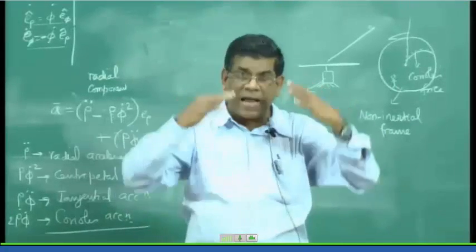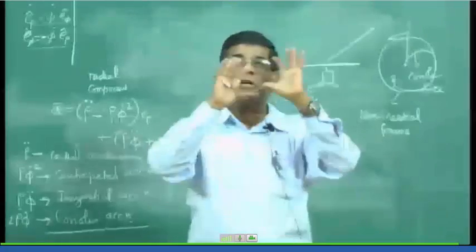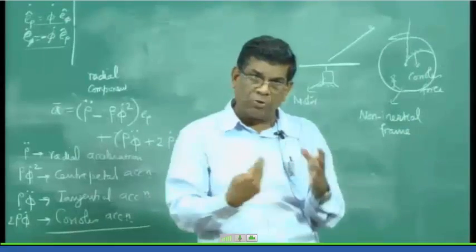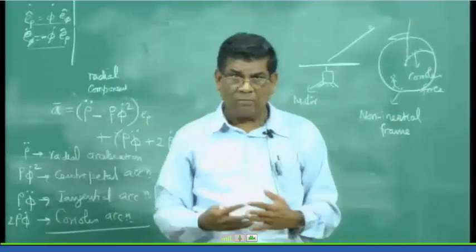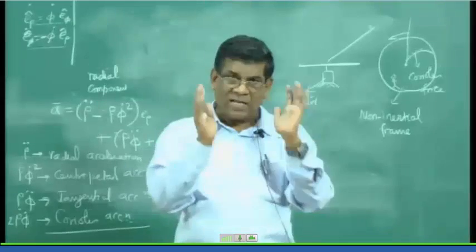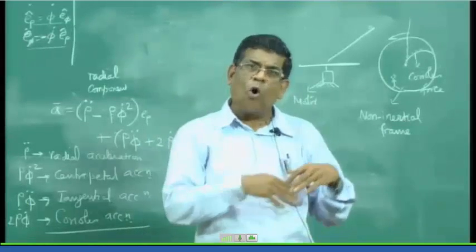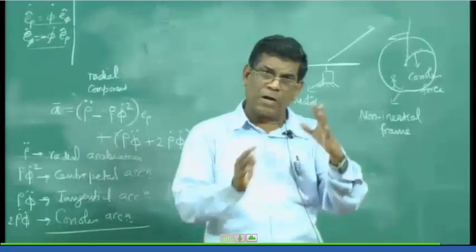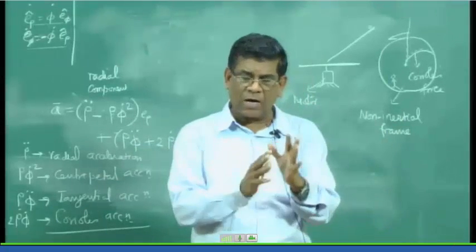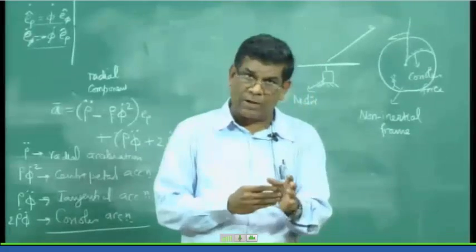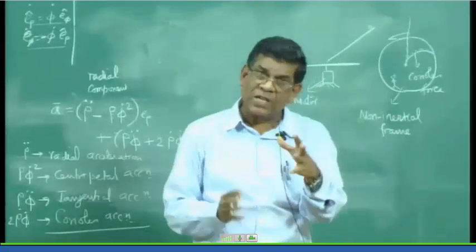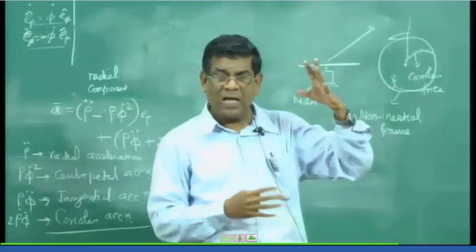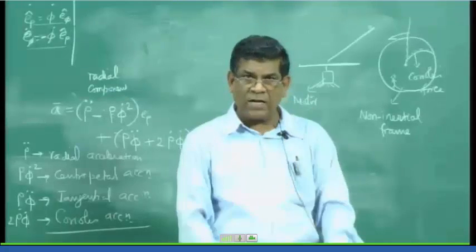So for us who are on a rotating frame right now, we are all on earth, which is rotating all the time about its own axis as well as about the sun, and therefore it is an accelerated frame. Even though for most purposes, for a simple purpose in the lab, we will consider earth to be an inertial frame, we all know that it is rotating about itself as well as about the sun, and therefore indeed a non-inertial frame.